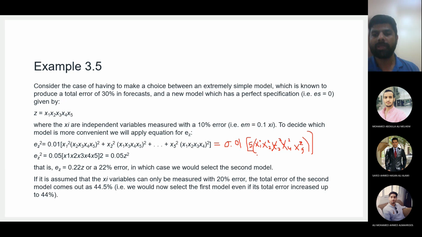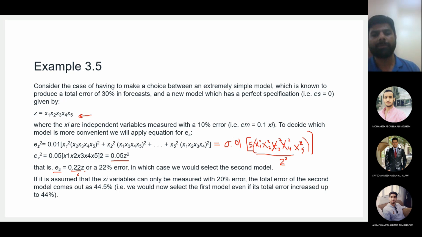So this whole thing is equal to z square, because z is this without a square. So this is 5 times z square, and if you multiply 5 with 0.01, it will become 0.05 z square. Since this is the equation for error square, when you take the under root, it will become the equation for error, like we did for the last example. So when you take the under root of 0.05, it will become 0.22, and z square will become z.